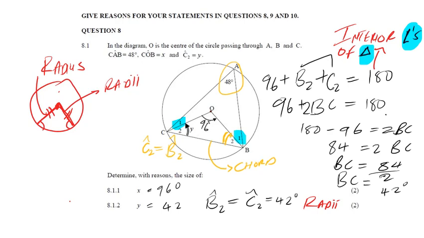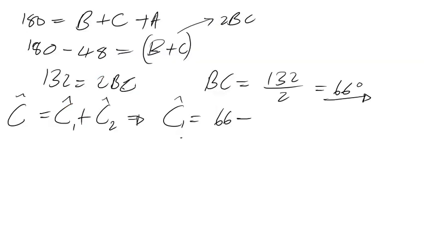To get the exact value for C1 and B1, you need to know one of them. But you know that these two, BC, add up to 132.